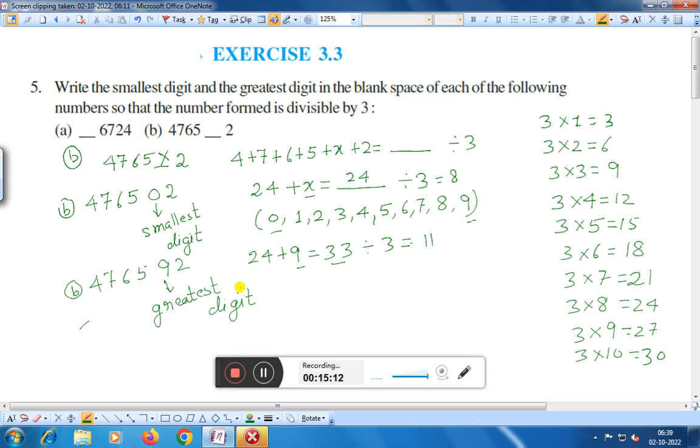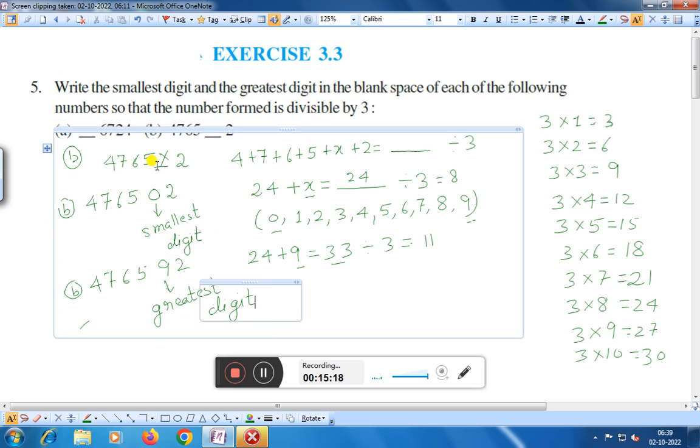Again, I am explaining the same. The number is 4765 blank 2, where we take the blank as x. If you add all the digits, 4 plus 7 plus 6 plus 5 plus x plus 2, we get a number, and that should be divisible by 3. Therefore, 24 plus x should be divisible by 3.